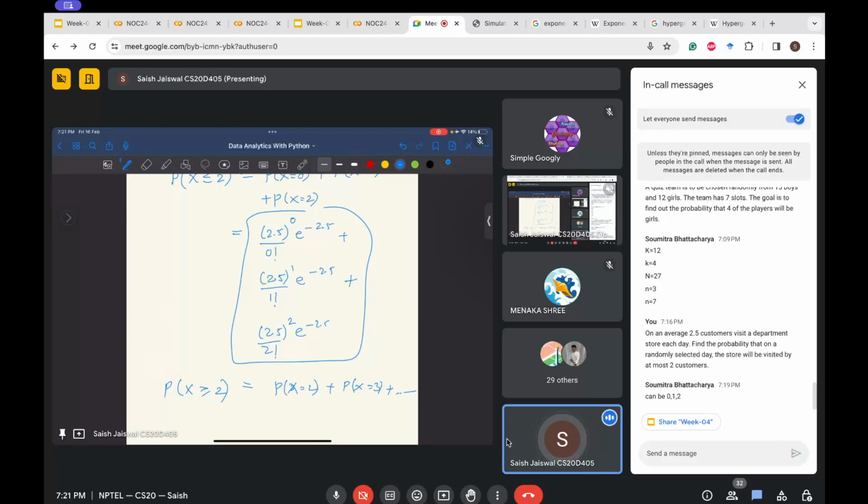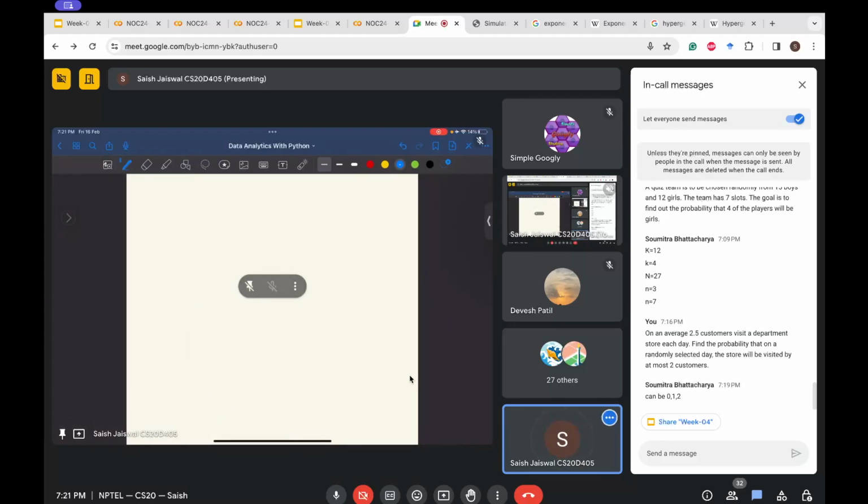By the definition of probability, it is 1 minus the probability of X strictly less than 2. So it will be 1 minus, P of X equal to 0 plus P of X equal to 1. Now you can find these two things. So you'll have to approach these problems like that.